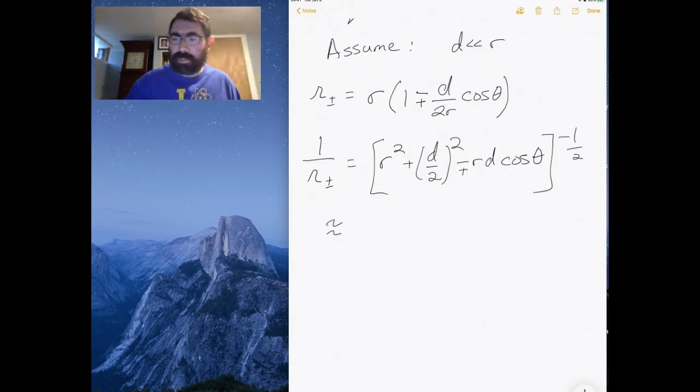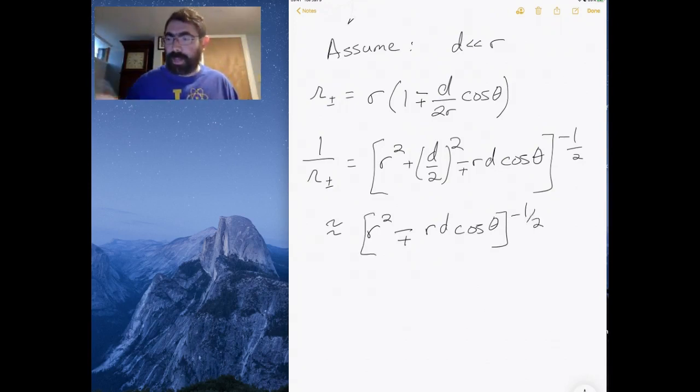And so if we do that expansion, that would be approximately r squared minus plus r d cosine theta to the minus 1/2 power, because d is much, much smaller than r. So we can get rid of that middle term.